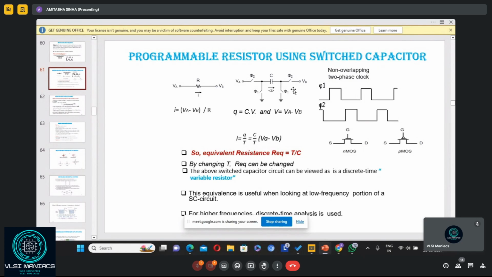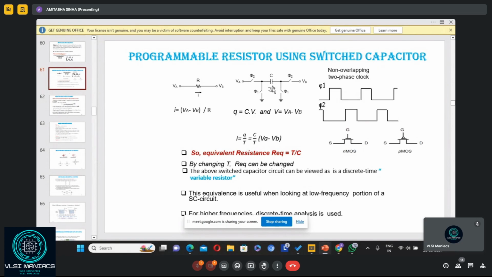Once you just look at this diagram. This is a clock. It should start getting charged from the positive end of the clock, phi 1 or phi 2. Okay.